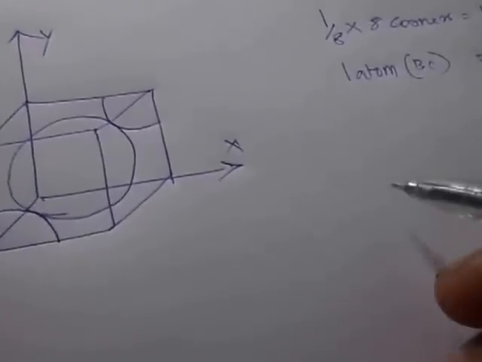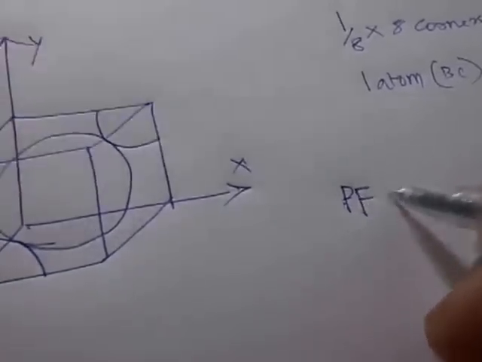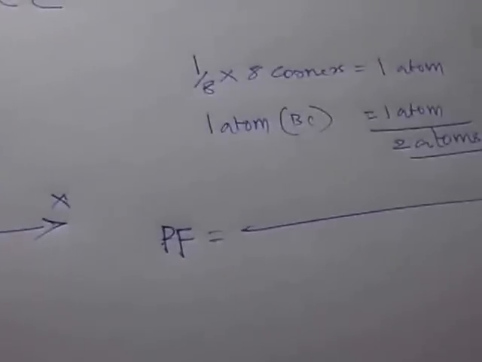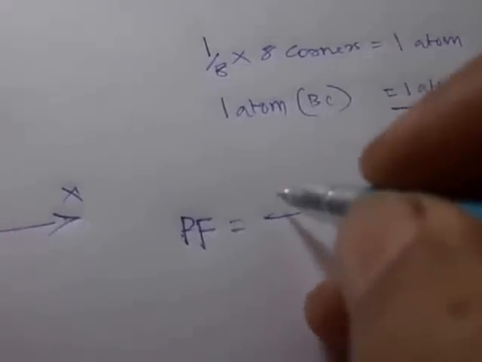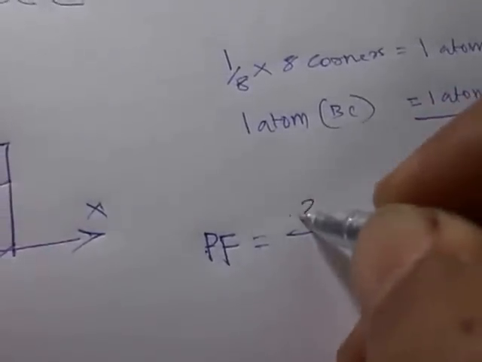Now coming back to the packing fraction that we have discussed, packing fraction is the volume of the atoms inside the unit cell divided by volume of the unit cell. So here there are 2 atoms inside.